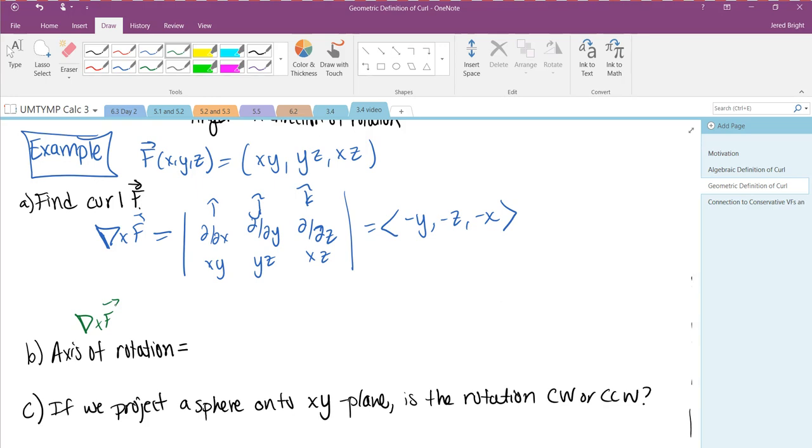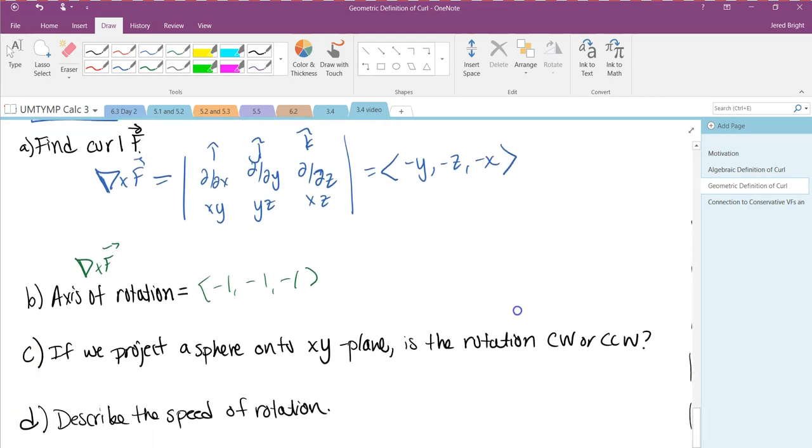So what I would say here is that instead of saying it's minus y, minus z, minus x, since they're all values that are changing the same, I would say that the axis of rotation is minus 1, minus 1, minus 1. You can also list minus y, minus z, minus x, and that'll be okay too.